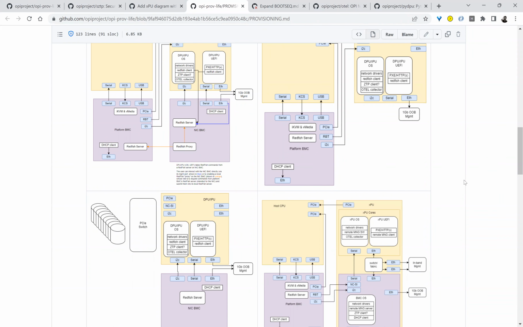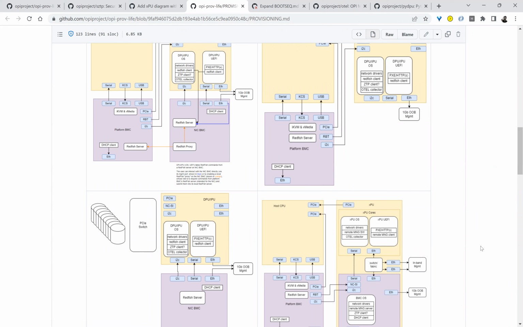And plus, it provides different services that we can split between running on XPU cores and on XPU BMC cores. So I think these are the 2 major differences we want to show here.